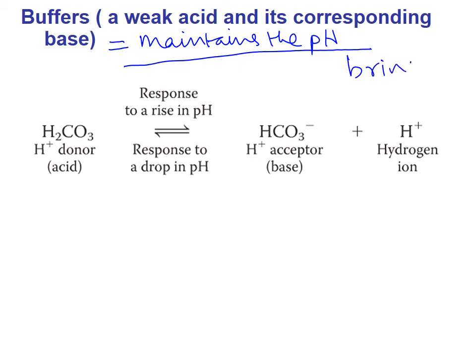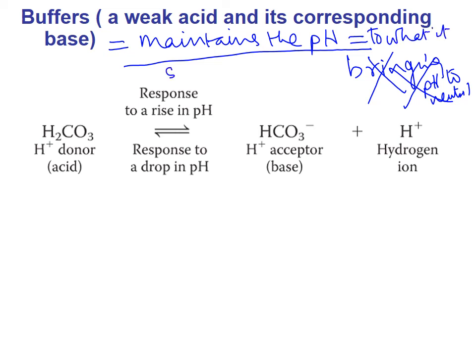No, that is not true. It maintains the pH to what it should be. For example, your blood pH should be 7.4 all the time. That's the way it is.